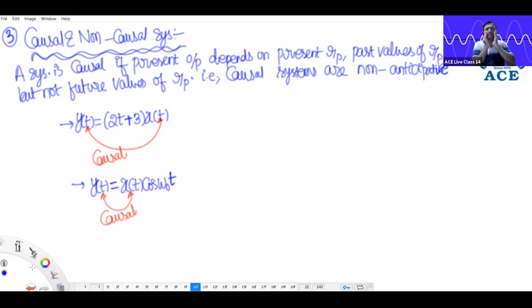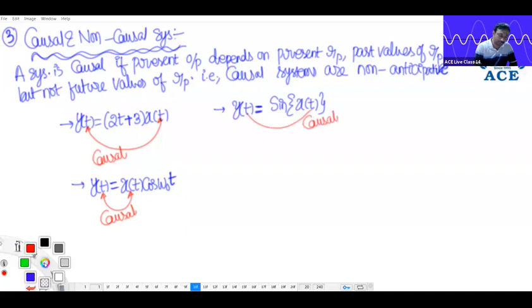Always check the parenthesis, output time versus input time in the bracket. Next, y(t) equals sin of x(t). Again, input time and output time are the same.